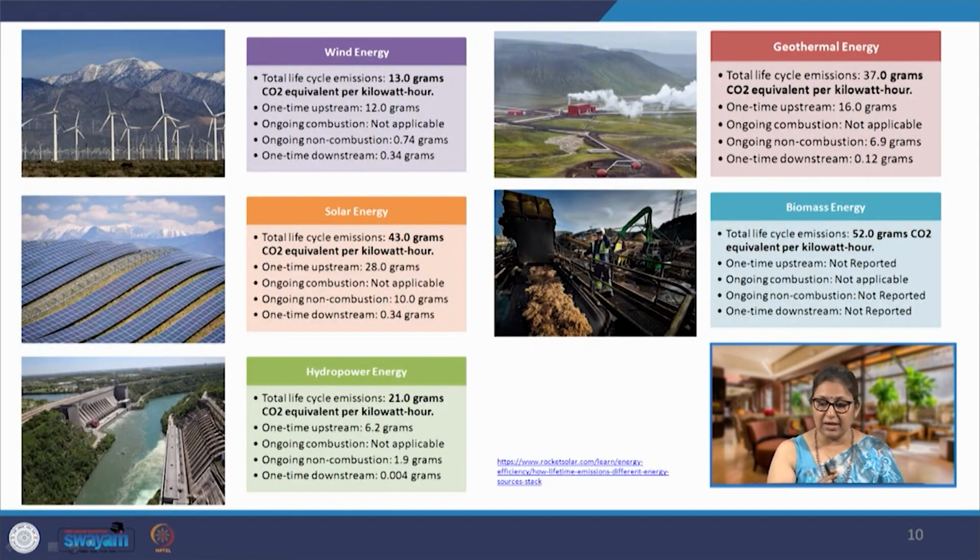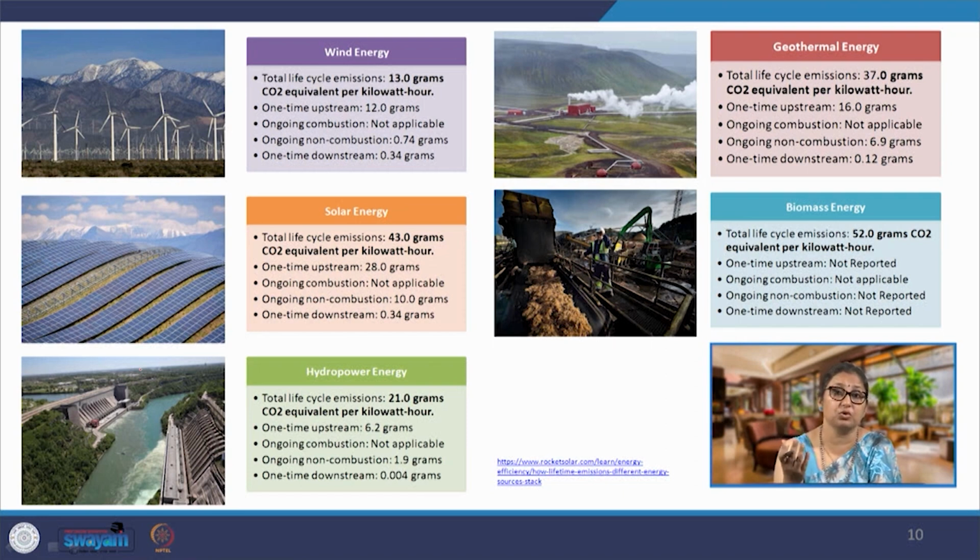So, again we can look at these numbers, most of them, whether it is wind, solar, hydropower, geothermal and biomass, all of them have one time upstream emission related with them, because most of these require infrastructure to be set in place. When we are talking about wind energy, huge wind towers or wind farms need to be set up.